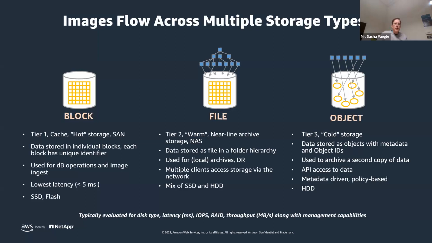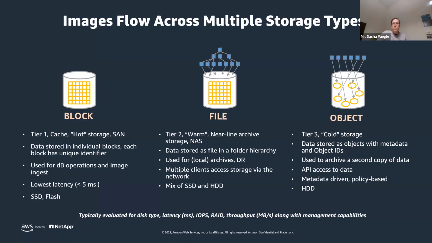But one of the things I want to call out is that file can be a peculiar technology in the sense that today, in terms of choices, it can service workloads or use cases that fall into that hot category or block category. And at the same time, depending upon your choices, it can service the cold archive category or tier of storage.